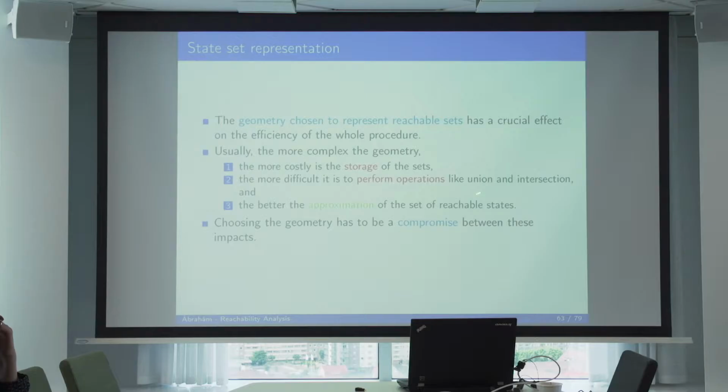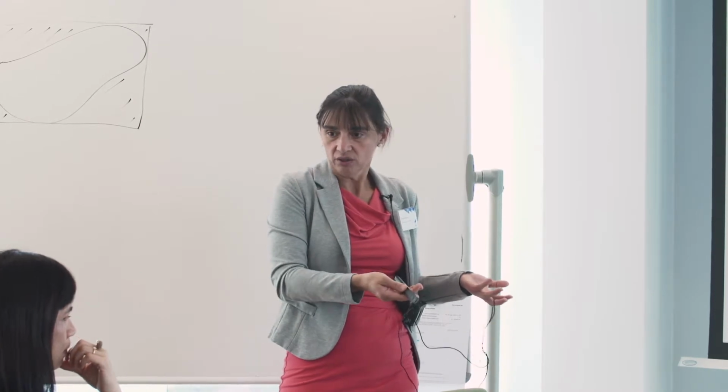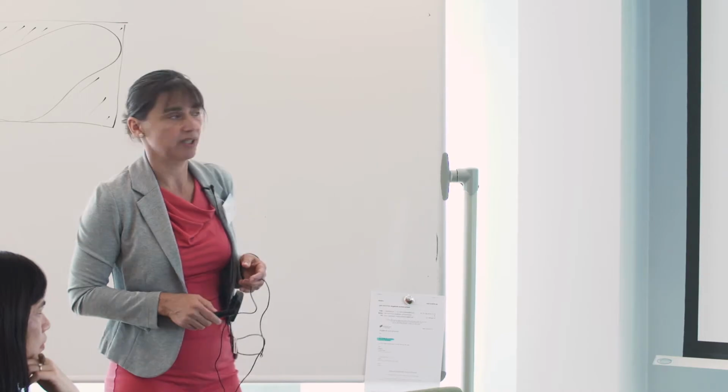So the operations that you perform depend also partly on the size of the memory requirement. But of course, if you invest more in computations, you can also get more precise results. So it's always a balance. You have to choose which one you want, and then you get something at the cost of something.